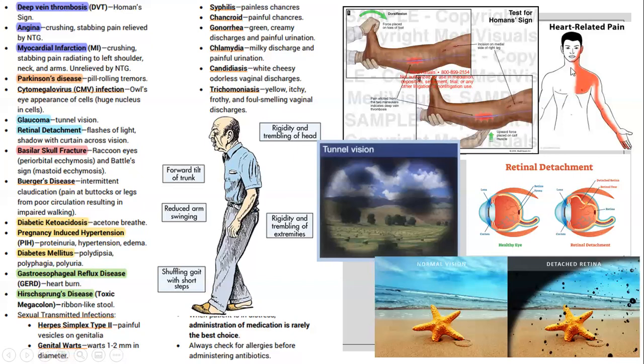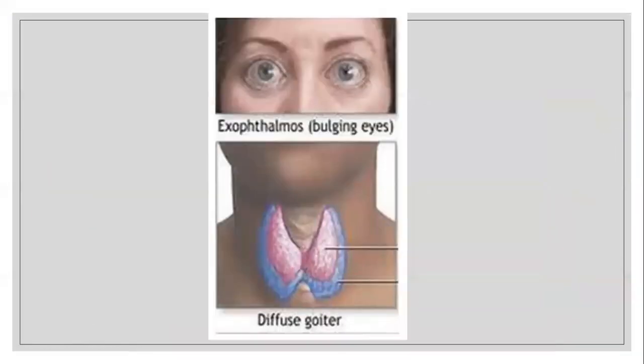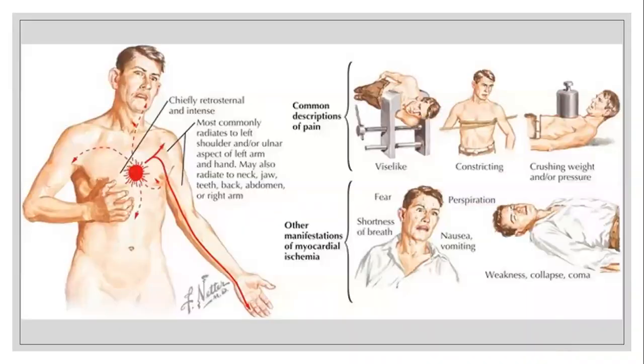So in this picture, we see the pain starts from the left part of the chest, then radiates to the left side of the neck, left shoulder, along the left arm. So what does the patient complain about? Patient says chiefly retrosternal pain, behind the sternum, most commonly radiating to the left shoulder and ulnar aspect of the left arm and hand.